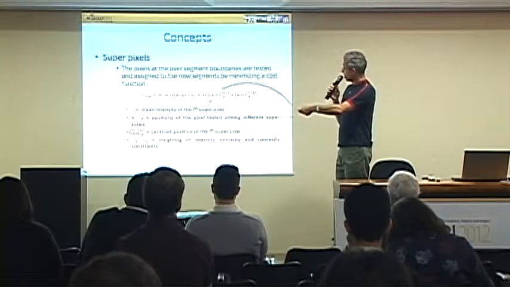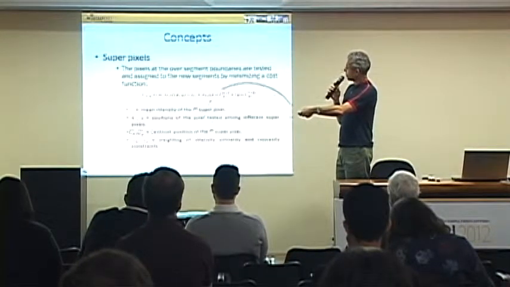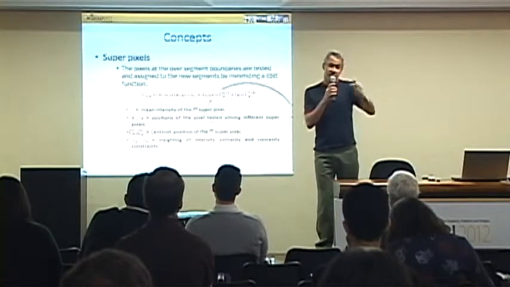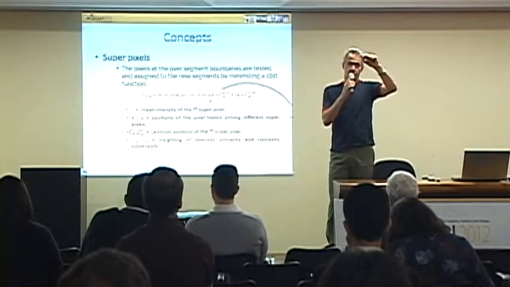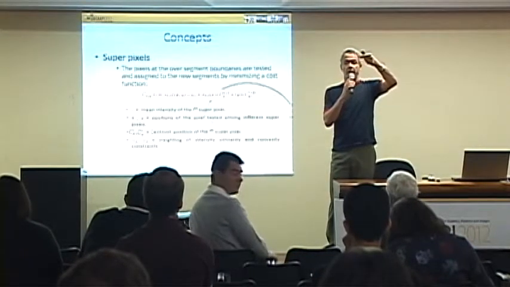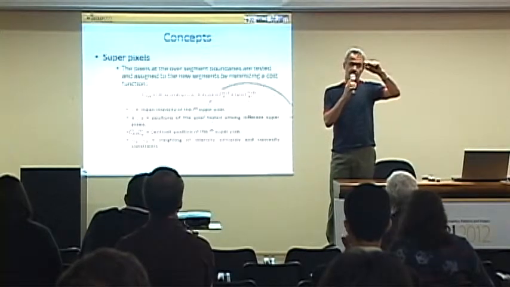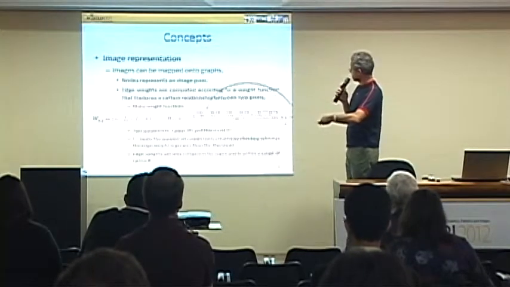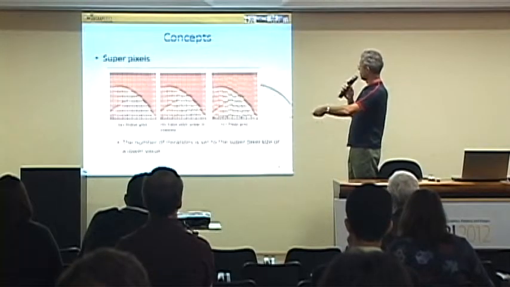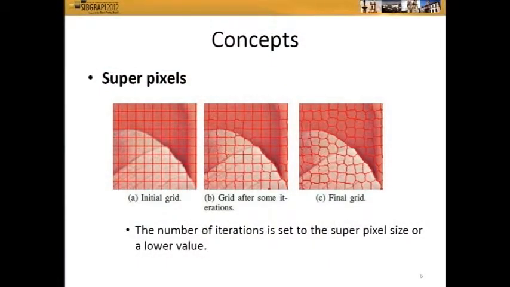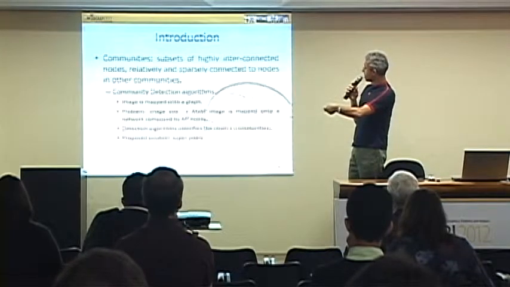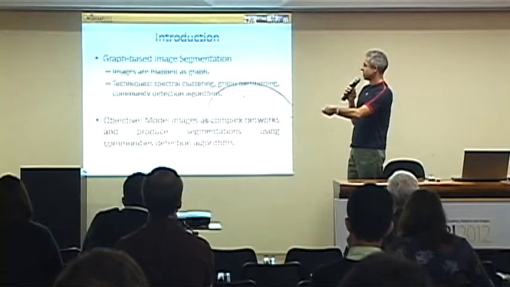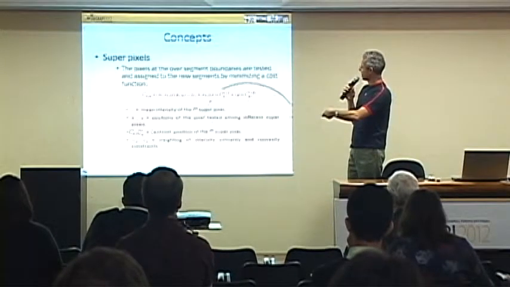So you compute this estimate for both superpixels, and then you assign the boundary pixel to its neighboring superpixel, or you keep it in the superpixel where it originally comes from. What you end up with is a region which fits the boundary of the object quite nicely.